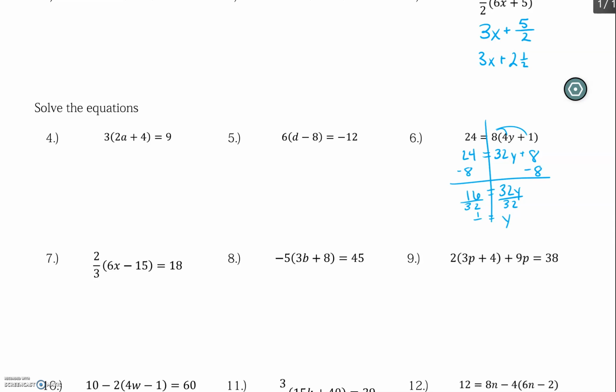So it simplifies to 1/2. If you want to see the full simplification, they're both even, so if we divide them by 2, it'd be 8 and 16. Divide by 2, that would be 4 and 8. Divide by 2 would be 2/4, and divide by 2 would be 1/2. So that would be dividing by 2 every time.